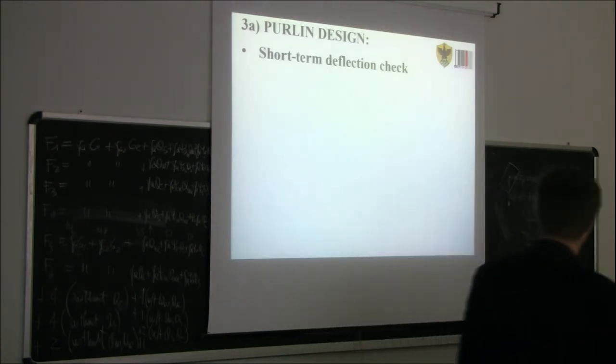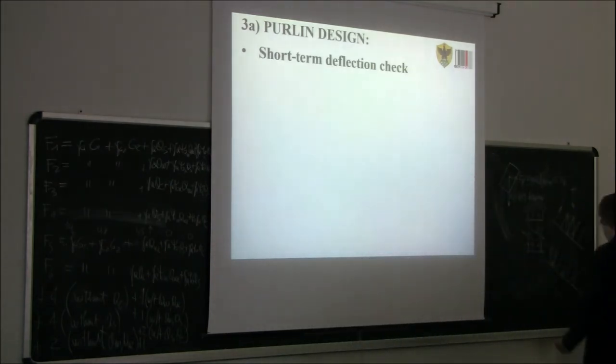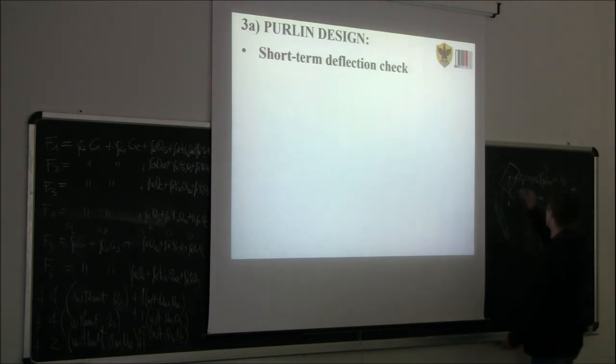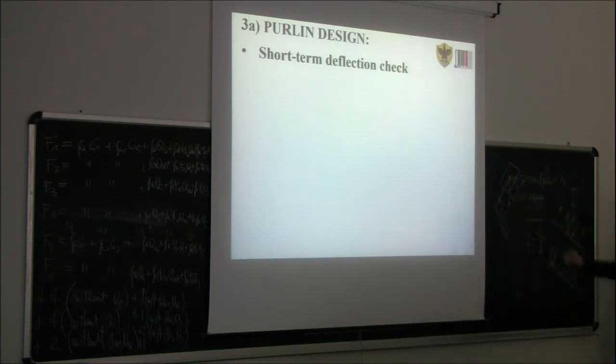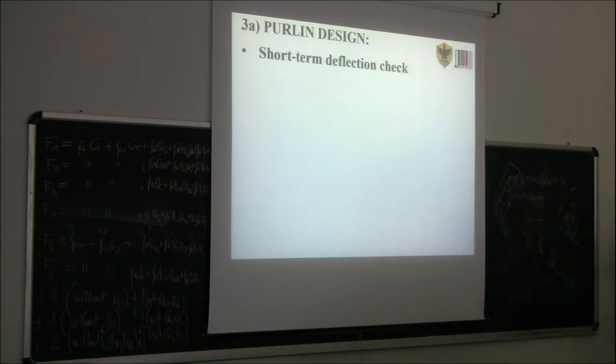You can decompose your load into 2 components, one in this direction, the other one in the other direction. Then you can find the deflection here, the deflection here, and then you need to do a vectorial sum of the 2 deflections. The 2 deflections are in 2 different planes.